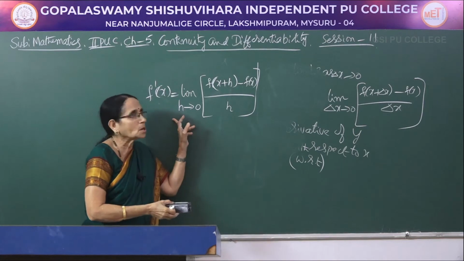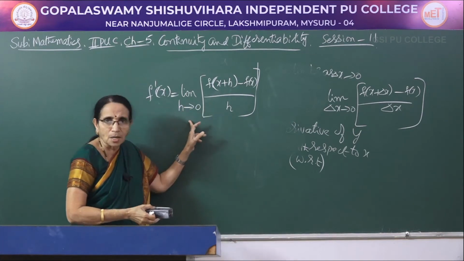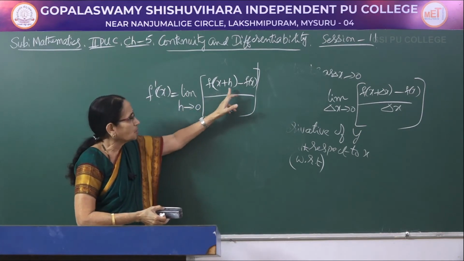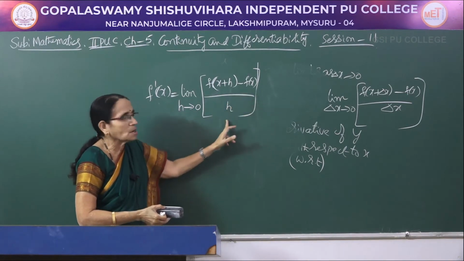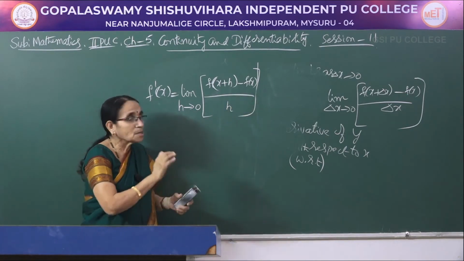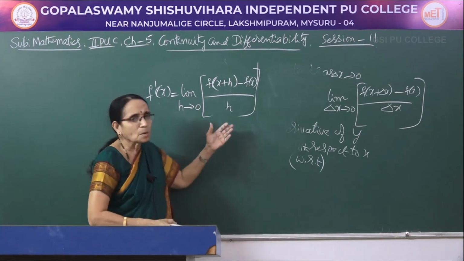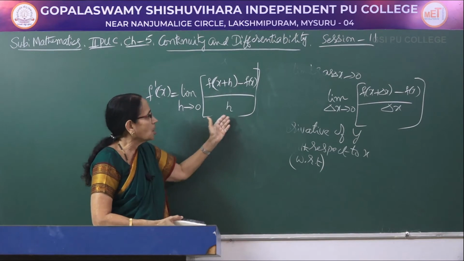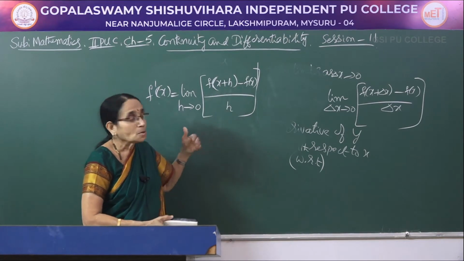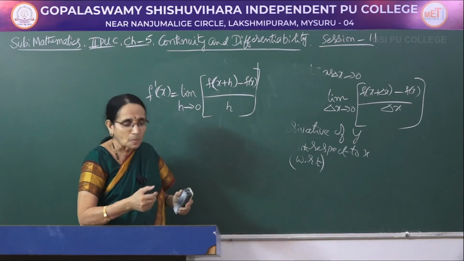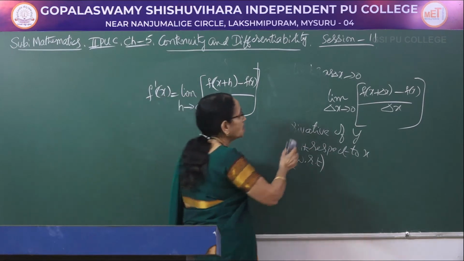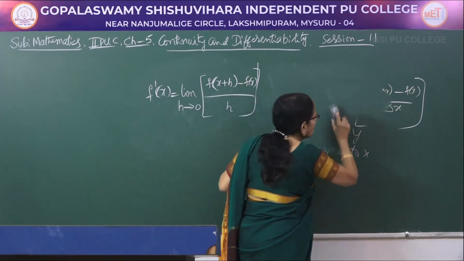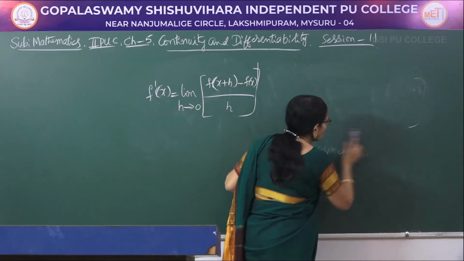So f dash x equals limit h tending to 0 of f of x plus h minus f(x) divided by h. In general we are considering this; when you take a particular function, then we will know how to simplify, how to divide, how to take the limit. While calculating the limit, we may have to use some of the standard limits. That is why the standard limits have been taught in the earlier sessions.